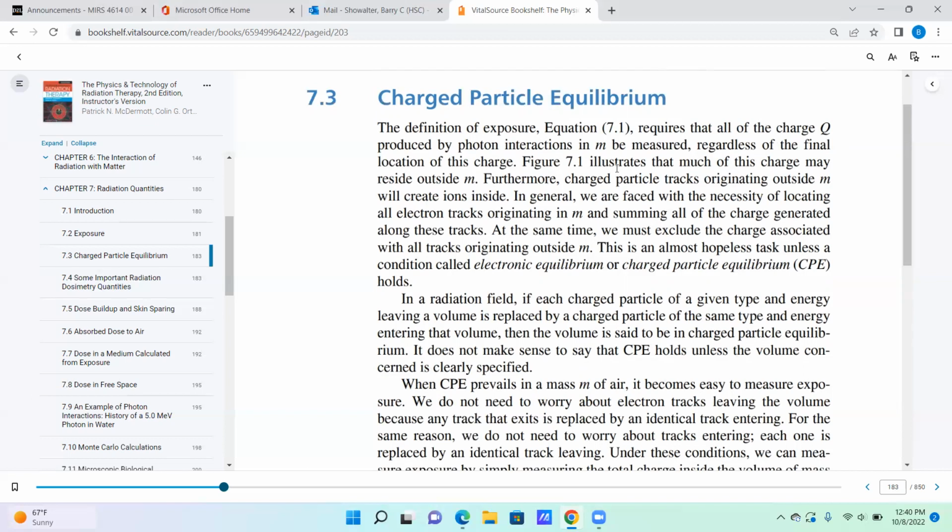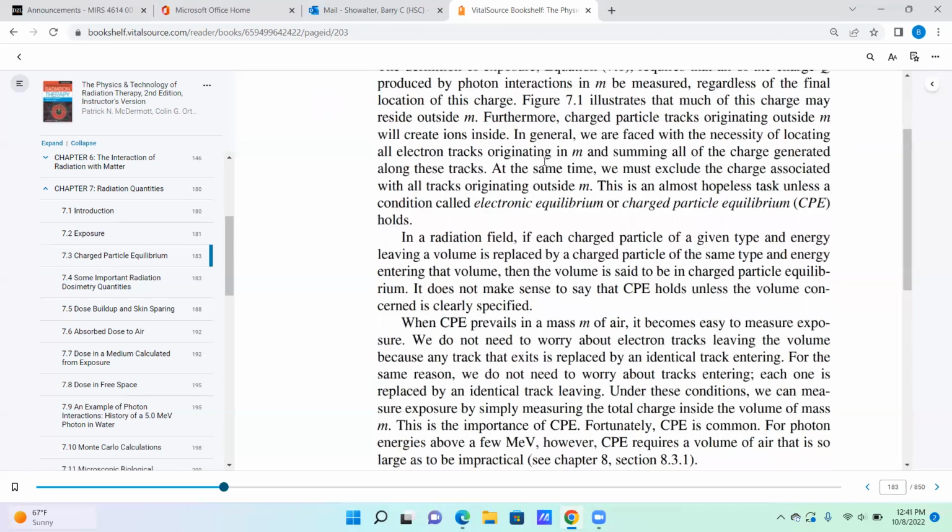Figure 7.1 illustrates that much of the charge may reside outside of M. Furthermore, charged particle tracks that originate outside M will create ions inside. So in general, we're facing the necessity of locating all electron tracks originating in M and summing all of the charge generated along those tracks. At the same time, we must exclude the charge associated with tracks originating outside M.